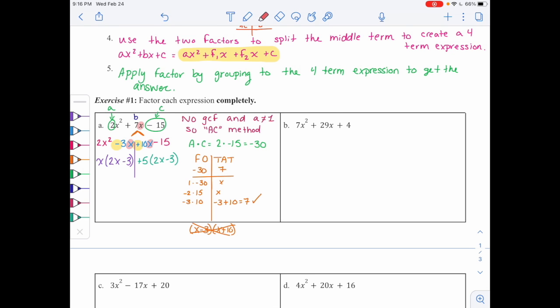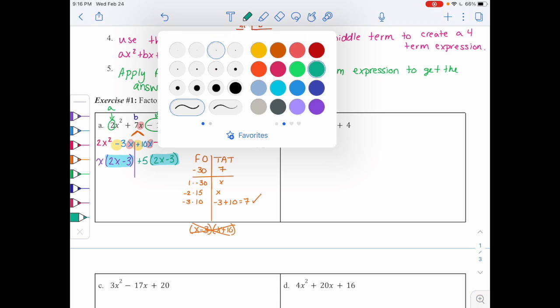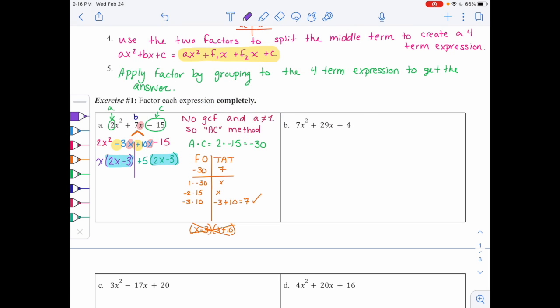I know I'm right because I see the same binomial twice, right? We know that from factor by grouping, same binomial twice means I did this right. It's my greatest common factor binomial. So my final answer is going to be 2x minus 3 times the leftover, x plus 5.